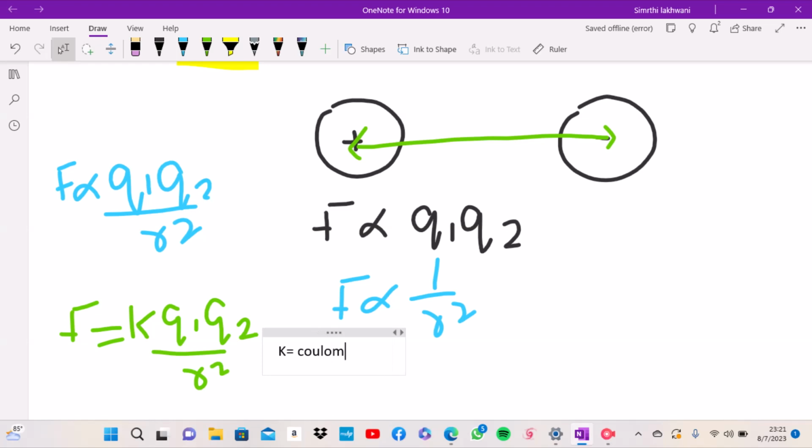K is Coulomb's constant, and it is medium dependent.